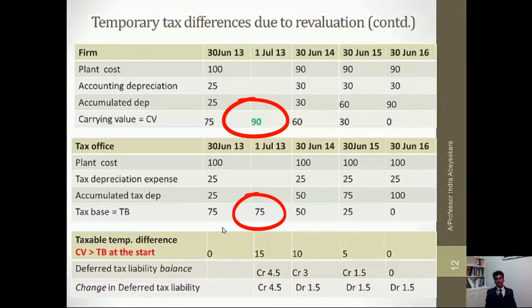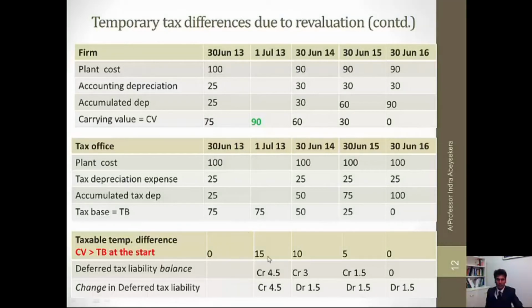Now the asset value is greater, that means the company is richer, and the tax office knows that if the company is richer, it must pay taxes in the future. And that difference is a taxable temporary difference, and that's 15.